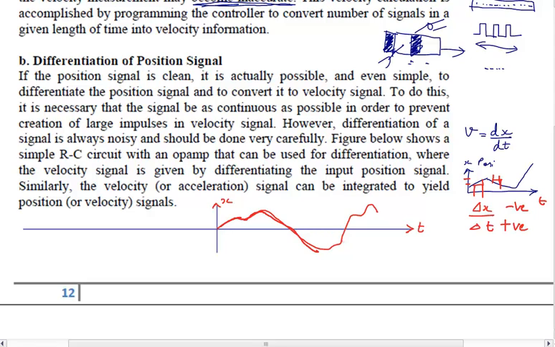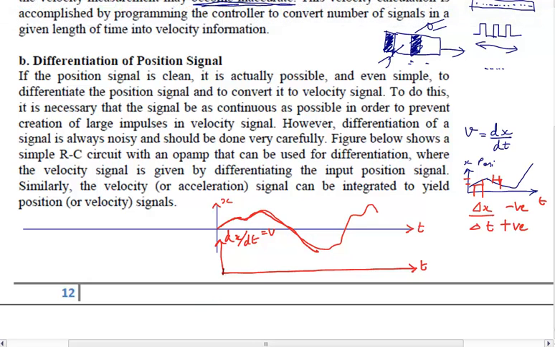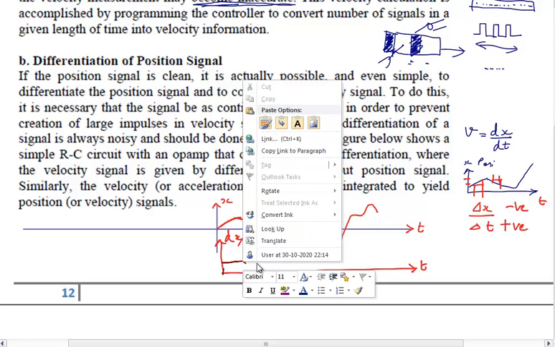Now, if I mathematically differentiate this signal with respect to time, I will get dx by dt, and that is the velocity signal. Based on the value here, the velocity is some velocity because it is increasing, and because it is decreasing, its velocity is something else.